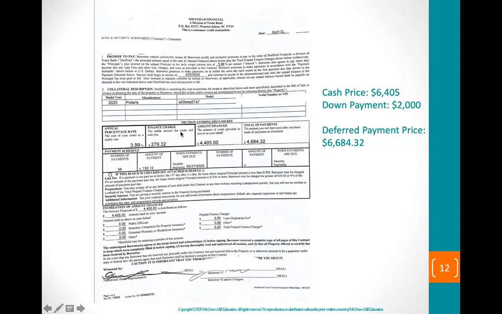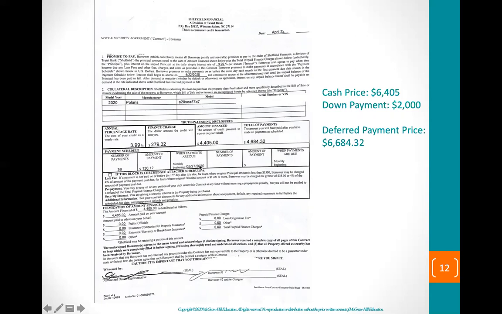Your finance charge, the dollar amount the credit will cost you, is $279.32. You borrowed $4,405. So your total payments, if you paid every monthly payment, would be $4,684.32. Your number of payments is listed as 36, and the amount you're paying each time is $130.12.